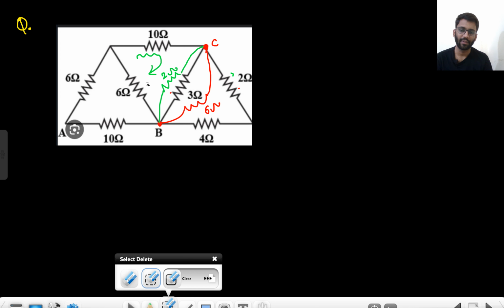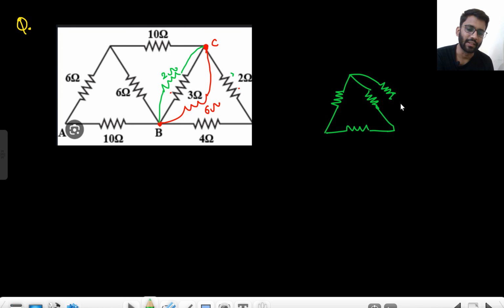So now what is happening? This 10 and 2 equivalent will give me 12 ohm. So now I will make this circuit. Okay, 6 ohm is there, 10 ohm is there, 6 ohm is there, and equivalent 12 ohm is there.